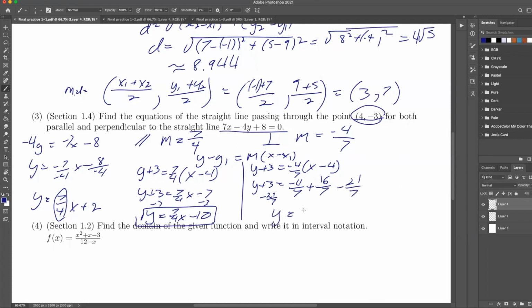So I have y equals, oops, I forgot my x, minus 4/7 x minus 5/7. Because 21 minus 16 is 5, or -5, and then it's still 7ths. And so this is the answer for the other one. Okay.